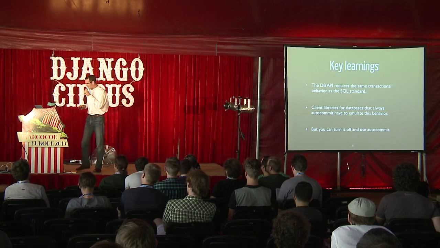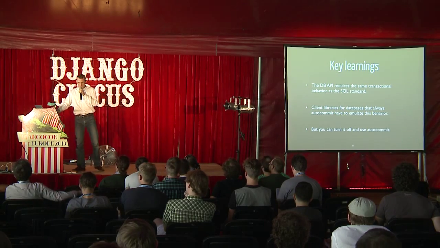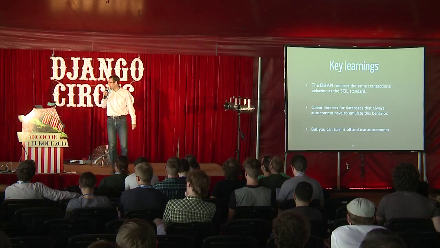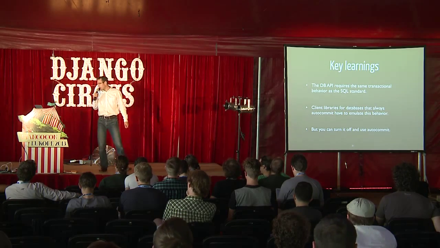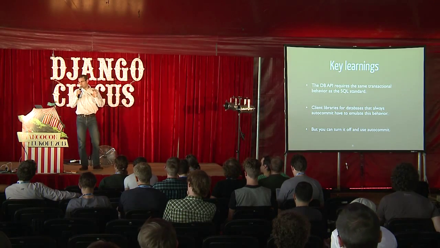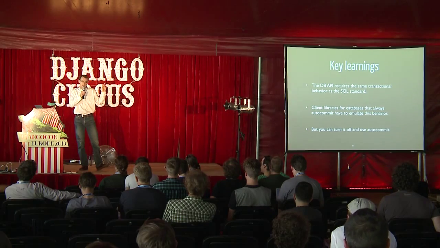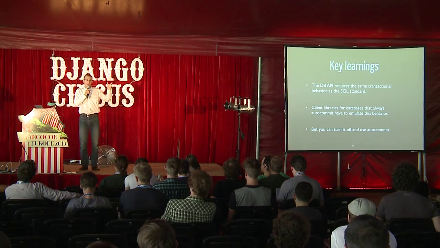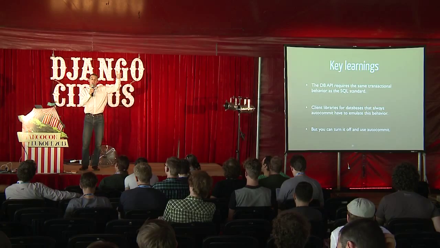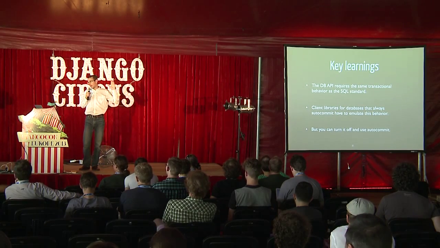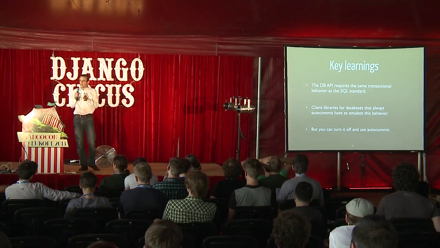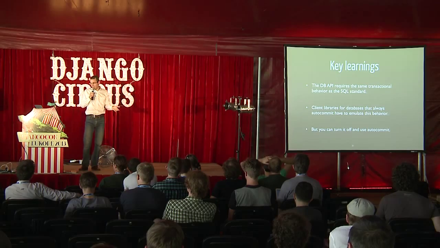So, key learnings, besides my snarky comments about the SQLite3 module. The DB API requires the same transactional behavior as the SQL standard, and that's why you have transactions that are automatically started. Client libraries usually emulate this, and you can turn it off.